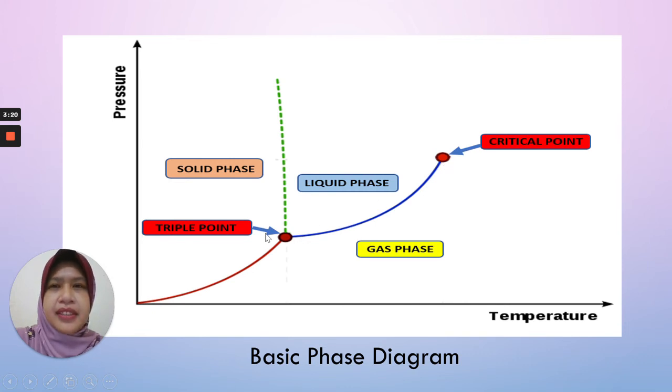Phase boundaries, also known as lines of equilibrium, are the conditions under which two phases of matter can coexist in equilibrium.